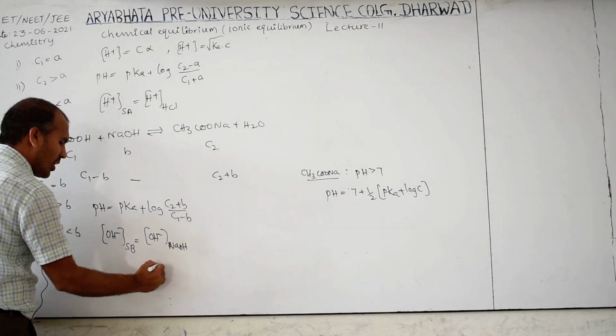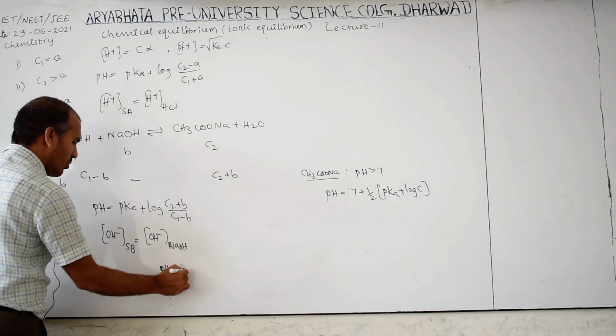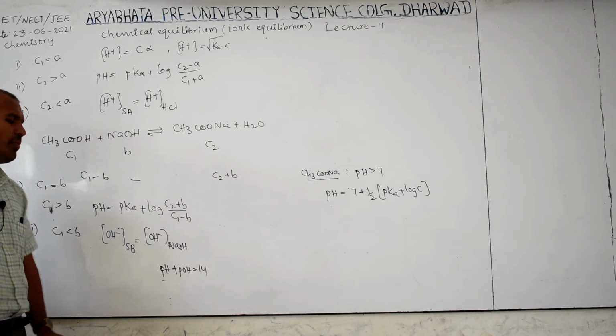Later we calculate pOH first, then pH equals 14 minus pOH, substitute in this formula, then you will get the pH.